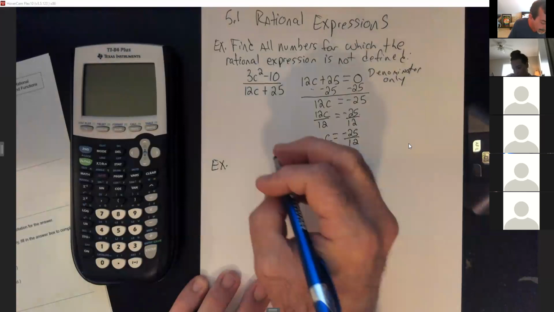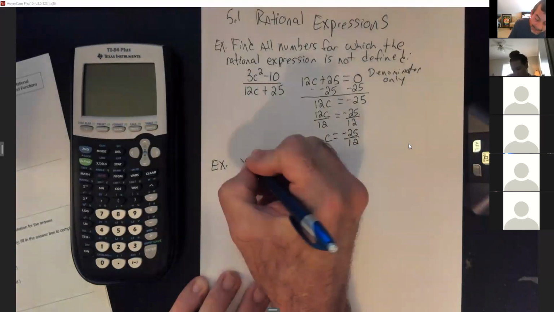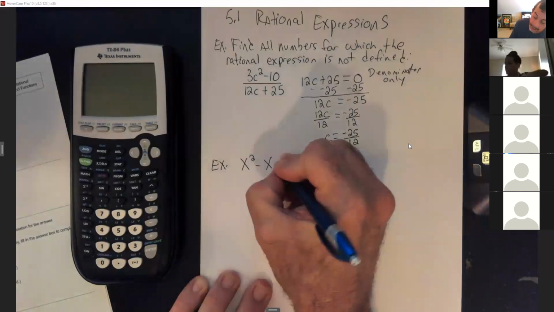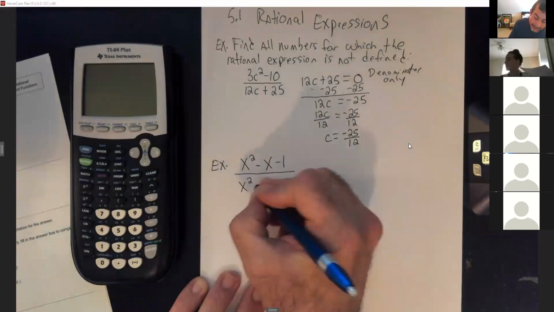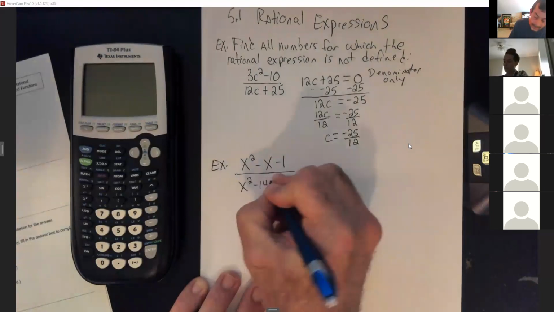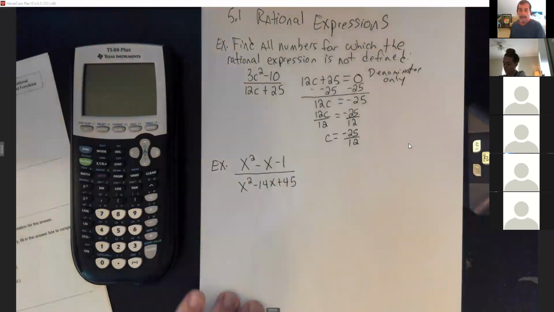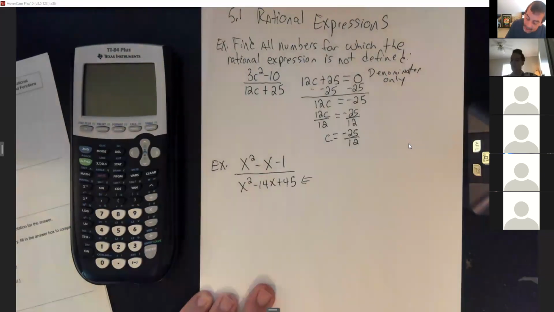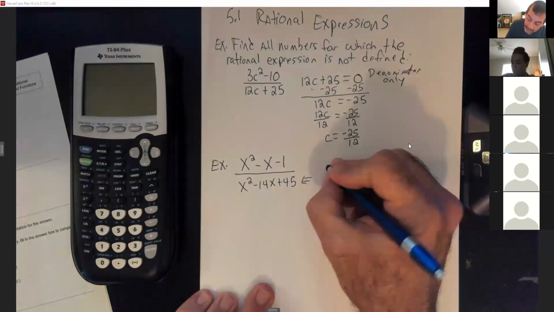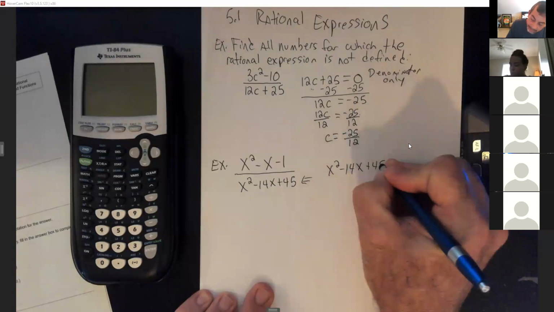All right, so this one's the same thing, but they're giving me an x squared minus x minus 1 on the top. On the bottom, I got an x squared minus 14x plus 45. So once again, we're only worried about that denominator. So I'm going to take my denominator, x squared minus 14x plus 45, set it equal to 0.